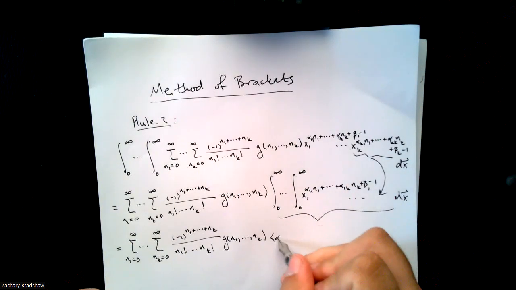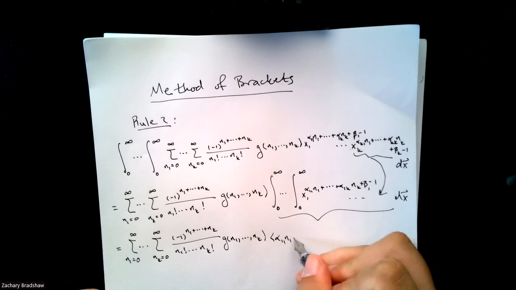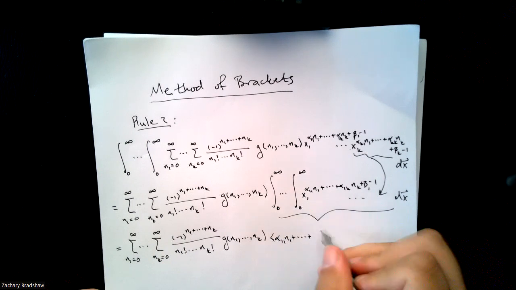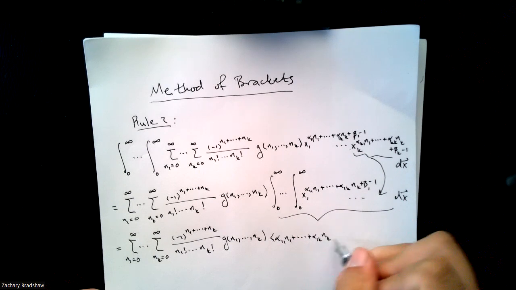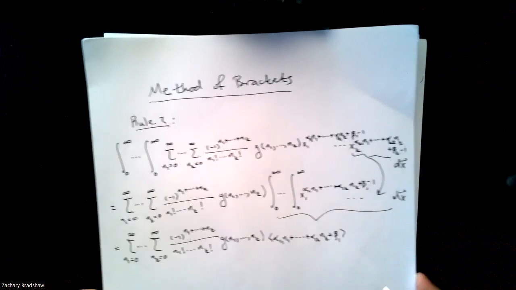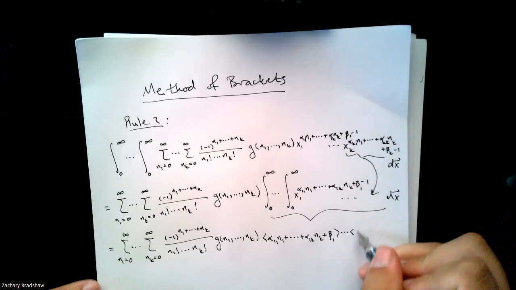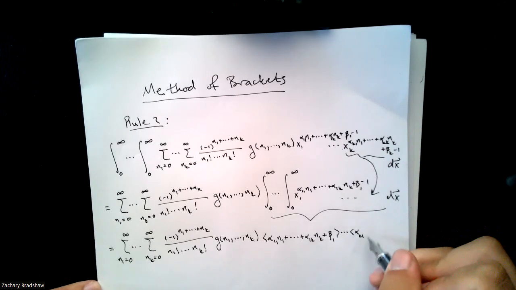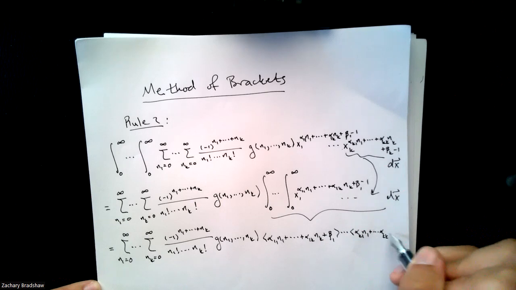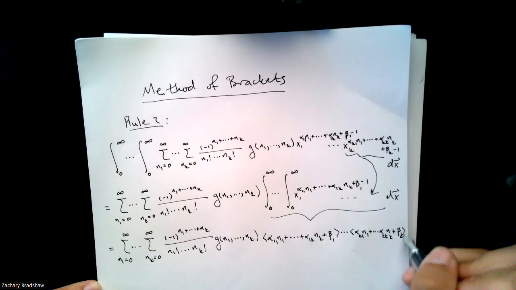So we have an alpha 1, 1, n1 through alpha 1k nk plus beta 1. And we have all the other brackets, and it ends with alpha k1 n1 through alpha kk nk plus beta k.